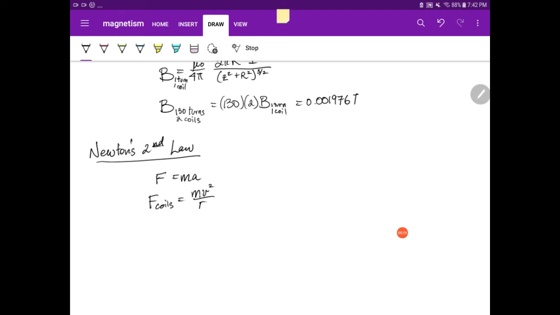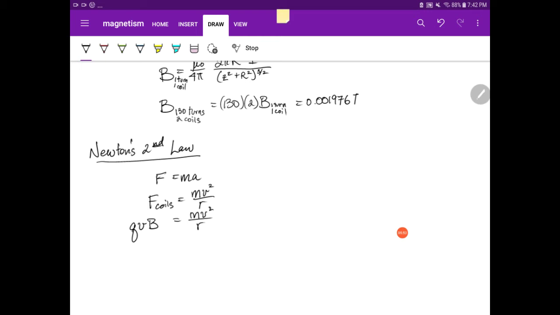So that's the mass of the electron, its velocity squared, or speed squared in this case, divided by the radius of the circle that's formed for the electrons, because the electrons are what are traveling in a circle. And so then this force from the coils is the Lorentz force that we know as QVB. That equals the circular motion that we observe.